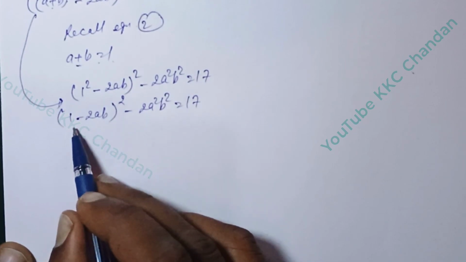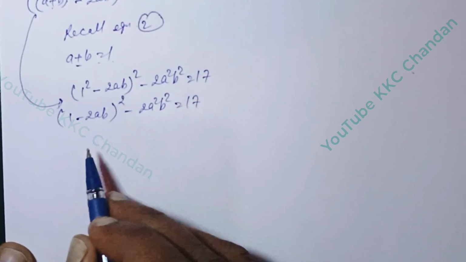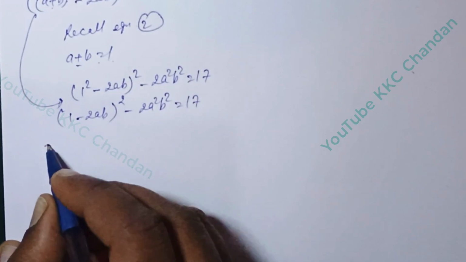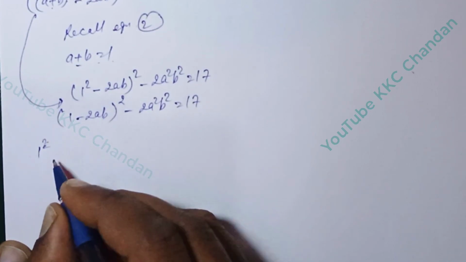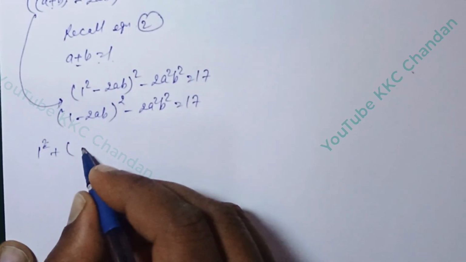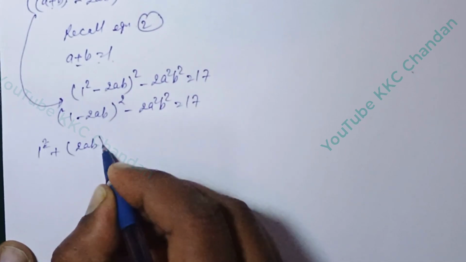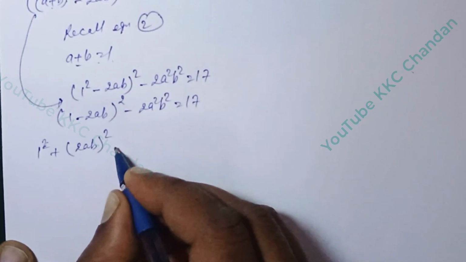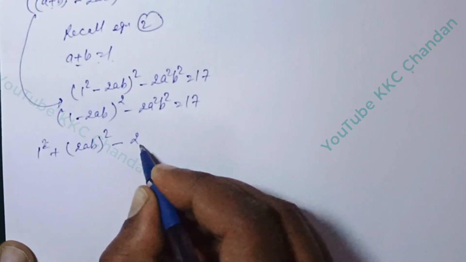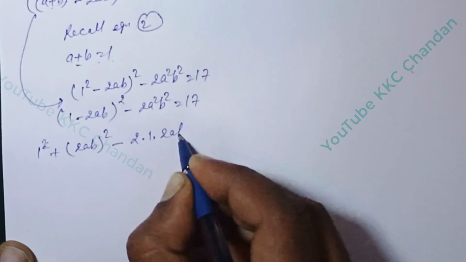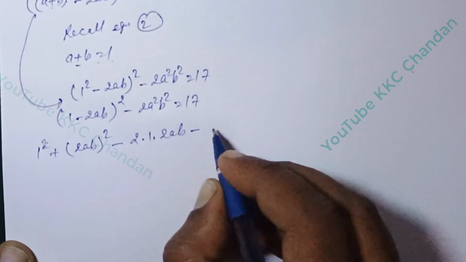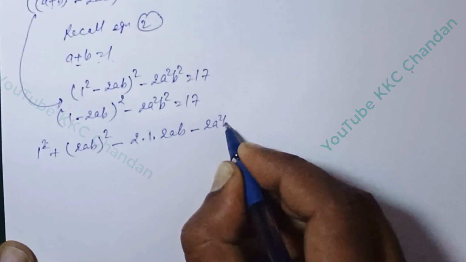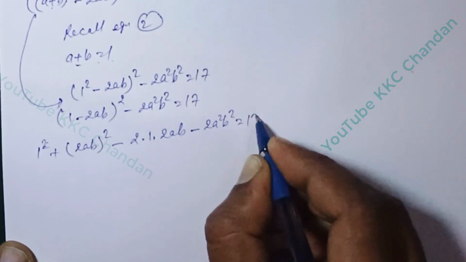After the next step, 1 minus 2ab whole square. Therefore we apply the a minus b whole square formula here. See here, 1 square plus bracket open 2ab bracket close whole square minus 2 into 1 into 2ab minus 2a square b square is equal to 17.